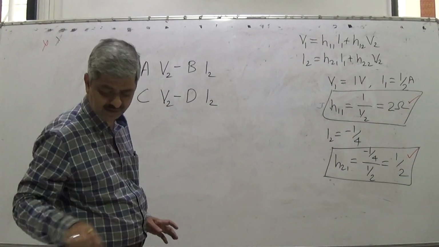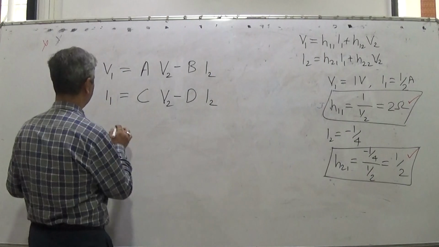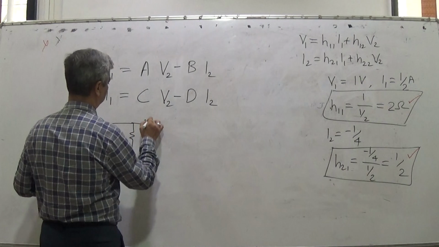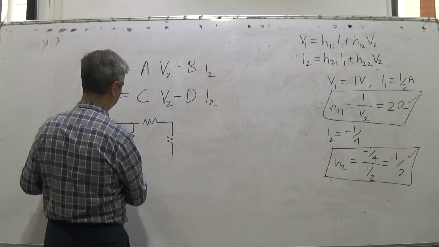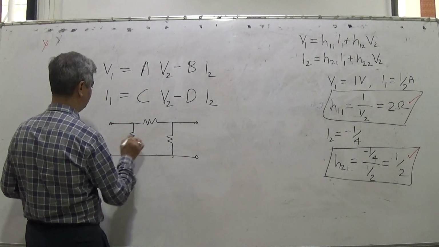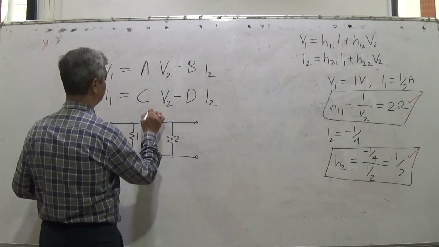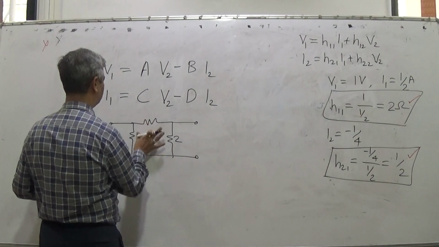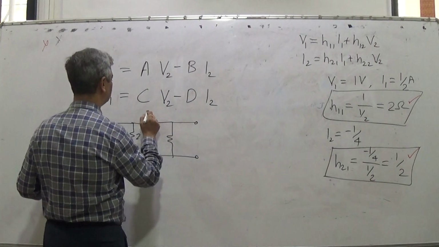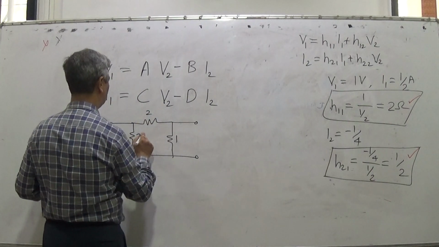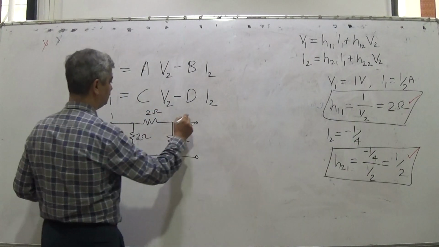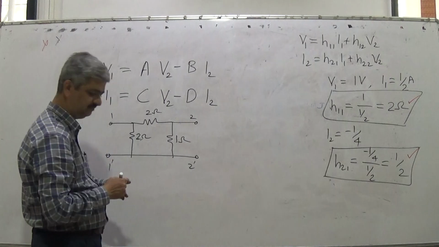Compute ABCD parameters for the following circuit: 1 ohm, 2 ohm, 1 ohm, with ports 1 1 dash and 2 2 dash.